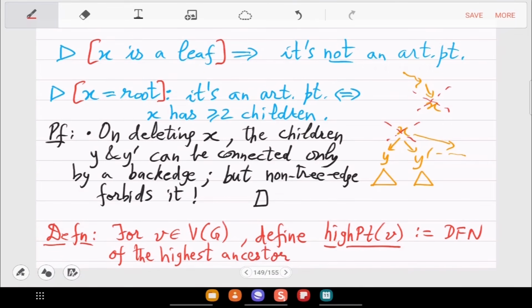So let me complete this in the class at 250. We complete this definition and then we build this array in a full pseudocode that we can implement.